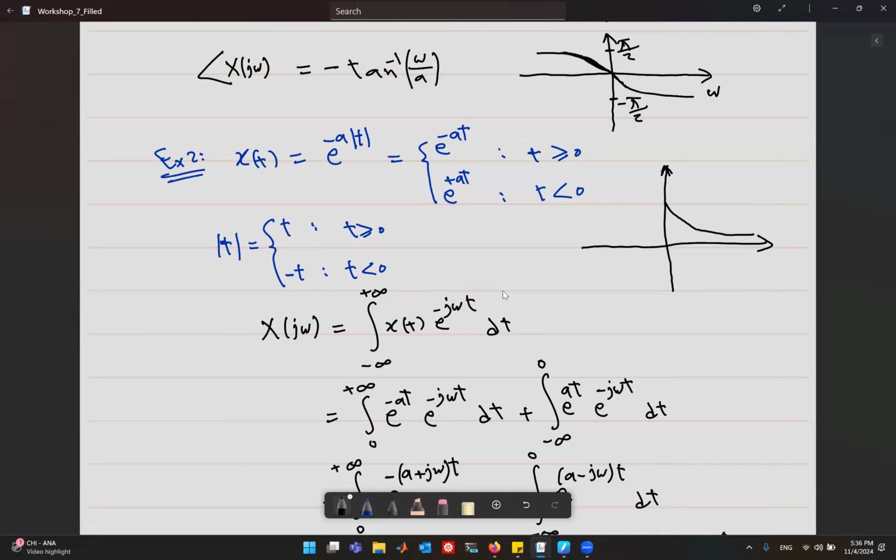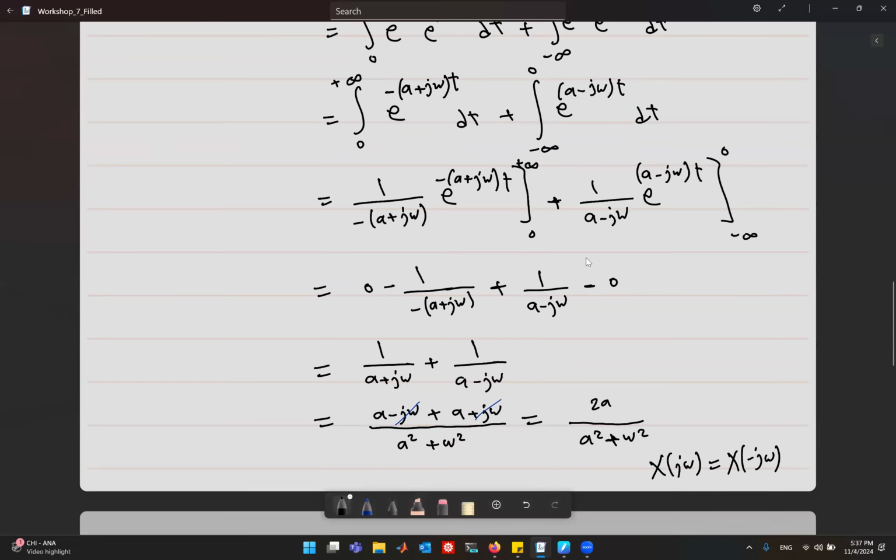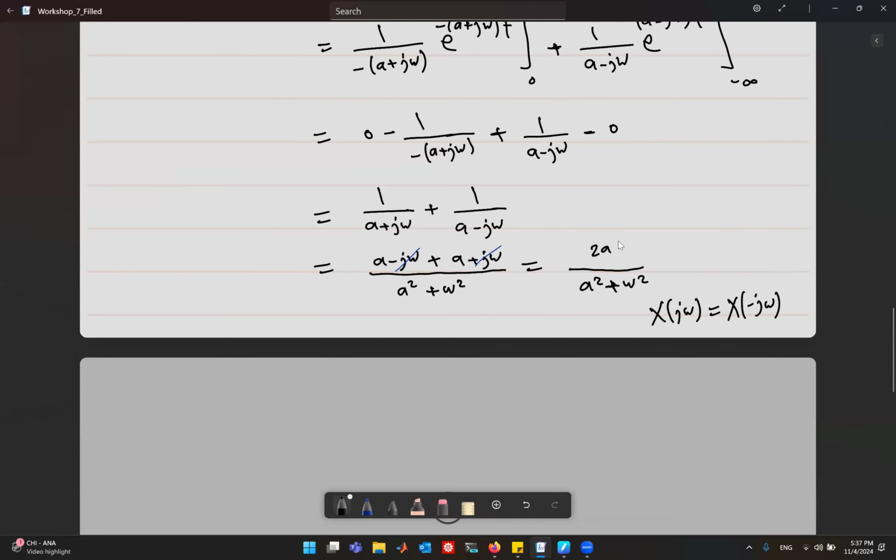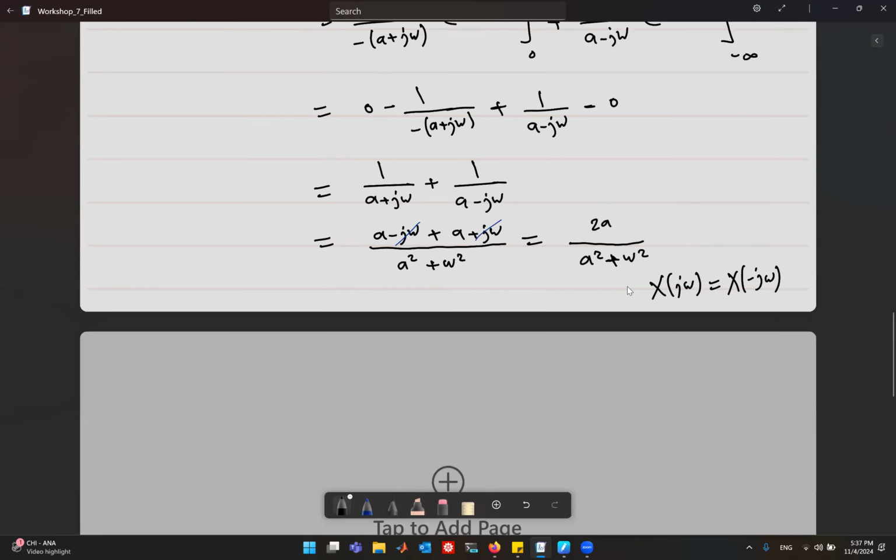And when t is negative, or less than 0, we have exponentially growing from minus infinity till 1. And if you look at this signal, this is an even signal. So when the signal is even and real, we get a real and even Fourier transform of the signal.